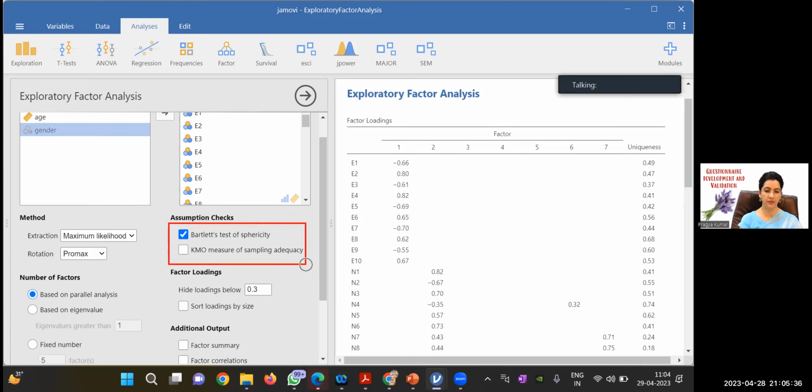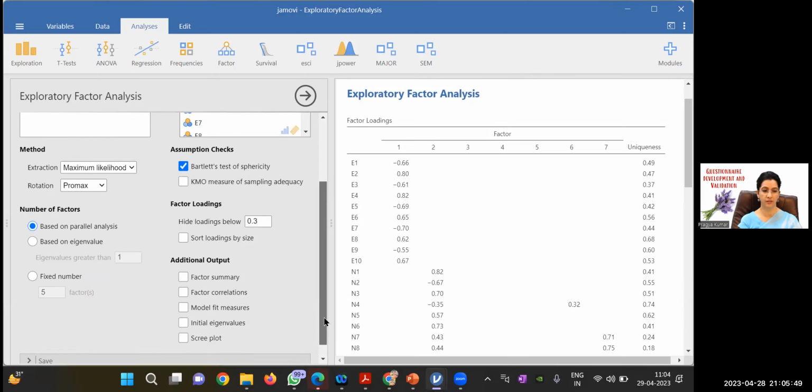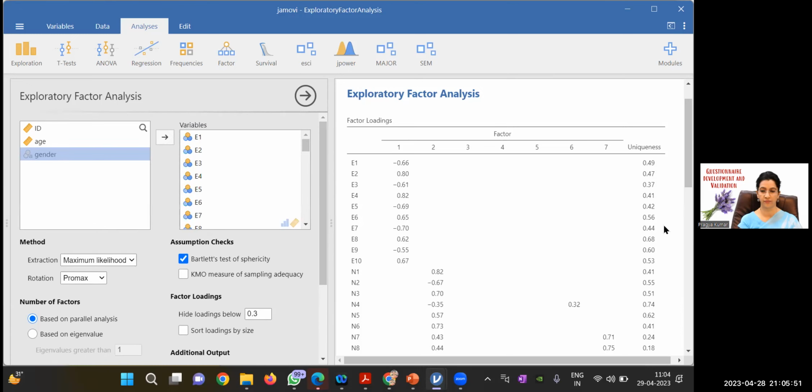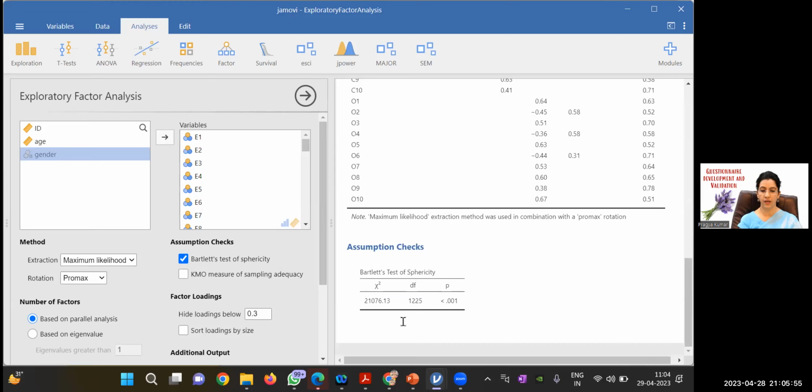In the assumption check, you can see there is Bartlett's test of sphericity and there is the KMO measure of sample adequacy. You check both of these because you have to check the assumptions. Then you have to come down to Bartlett's test of sphericity. What is the p-value here?